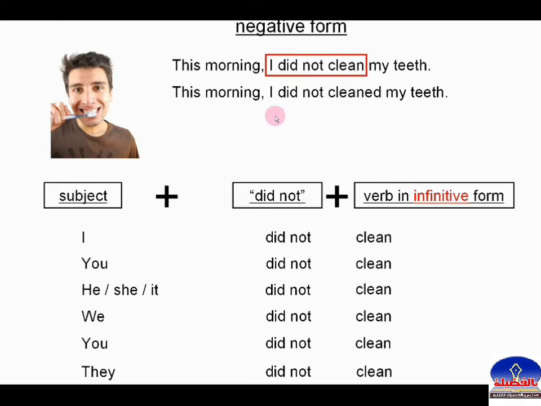So here, this morning I did not clean my teeth. This is wrong. Okay, this is the past simple form, but that is wrong because in the negative it must be the infinitive form. This one is right, the infinitive.